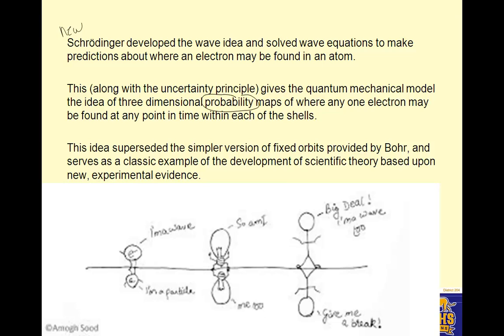So notice it's a probability. We're never sure exactly. And that's where the uncertainty principle comes in. The uncertainty principle says the better you know where it is, the worse you know where it's going, and vice versa.